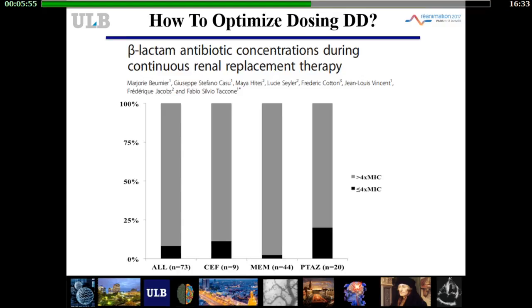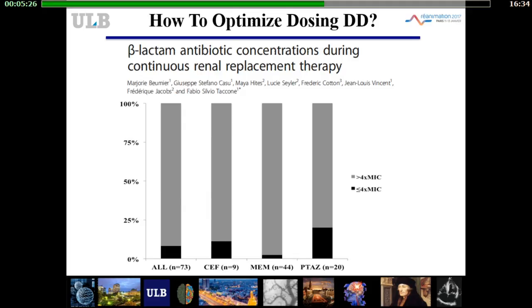We changed our practice in Brussels and we validated in an observational study measuring beta-lactam concentration in patients on RRT that received an unadjusted drug regimen. And in gray, you see the proportion of patients with inadequate drug concentration. We reduced from 45% to less than 10%. So it works. If you adjust your daily doses, you will increase the number of patients with adequate drug concentration.